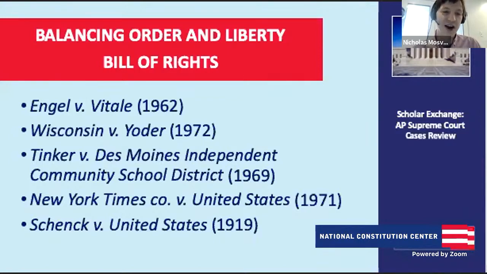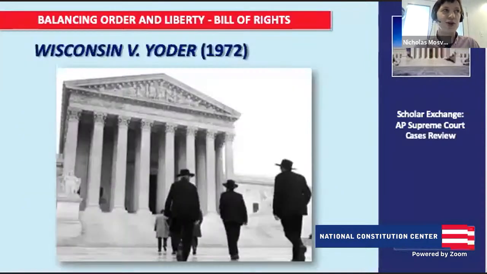So yes, there the government has a particular policy, so that is part of it, right? In Engel, it is, what if a state sanctions school prayer in a public school? In Yoder, it's, can the public school system continue to compel students to go to school past the age of 13 if they're part of a religious minority? These were Amish students, and essentially by the age of 13 their families wanted them to come home and work.